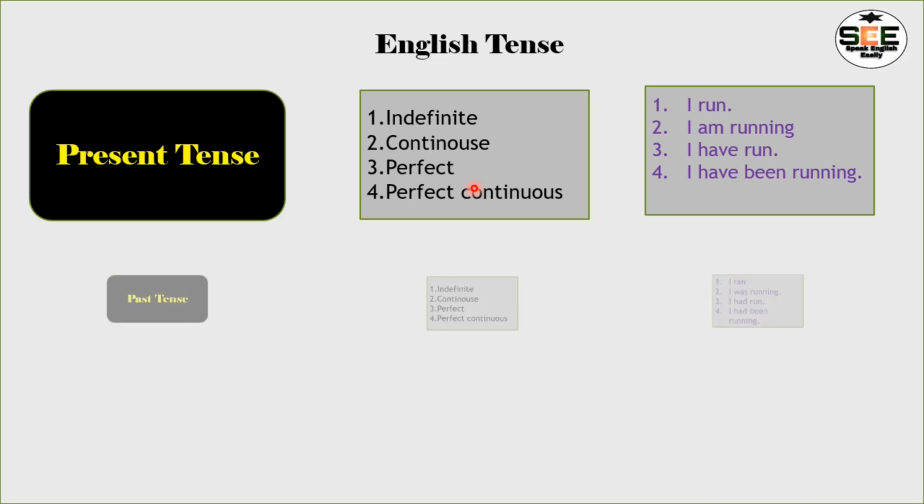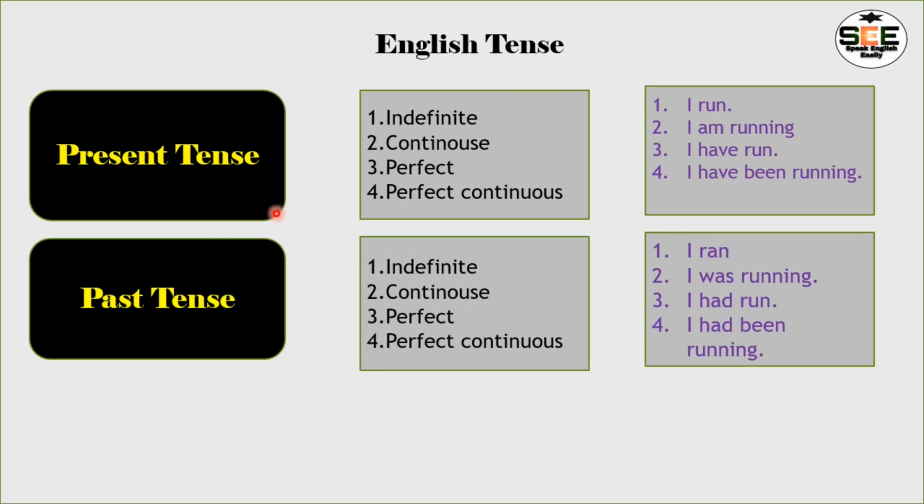Next is past tense, and its subtenses: past indefinite, past continuous, past perfect, and number four, past perfect continuous. If we see the examples, it will be very clear for us. Number one, past indefinite: I ran.